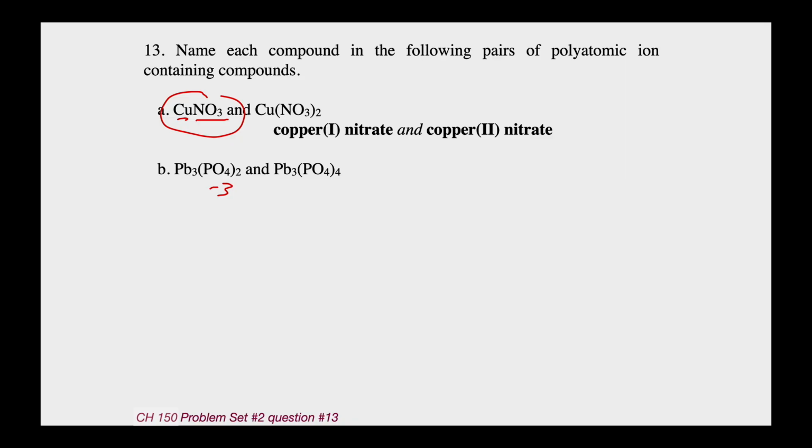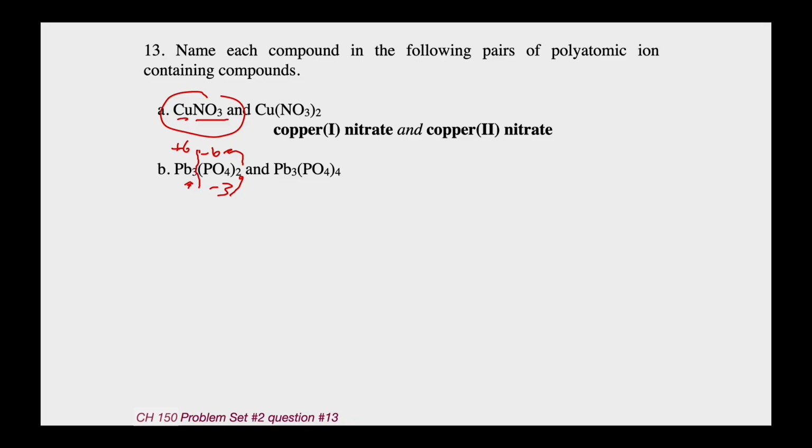But anyway, back to Pb3(PO4)2, we have two -3 phosphates, so that's -6, and the 3 leads are going to balance that with a +6. Once in a while, I'll write -6, which is -3 times 2, and then the leads balance it with a +6, but there's 3 of them.